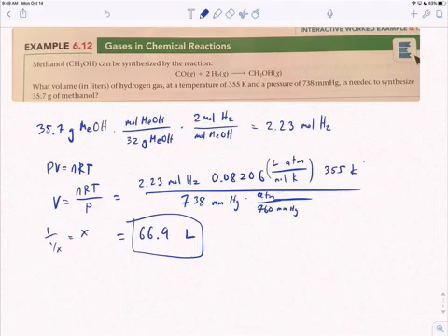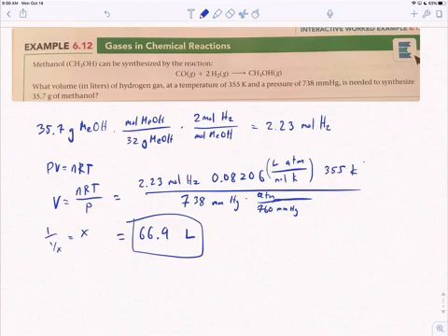Okay, so we have 35.7 grams of product and we backtrack. From that amount of product, using the molecular weights and then the stoichiometric ratio from the balanced chemical equation, you can figure out the number of moles of reactant that you need.